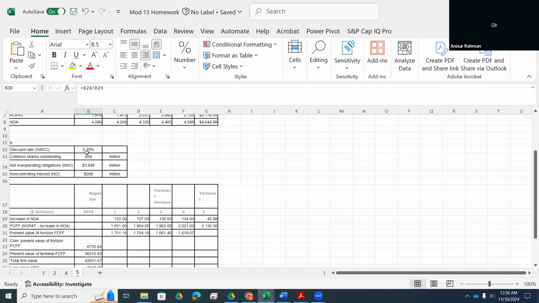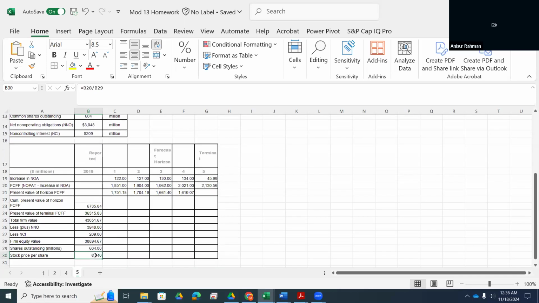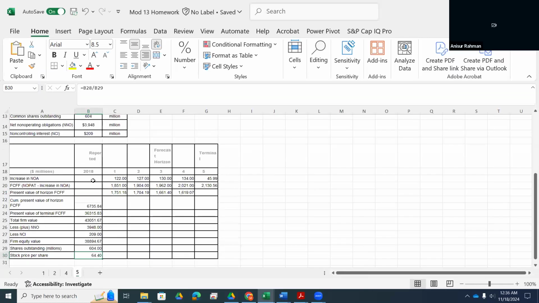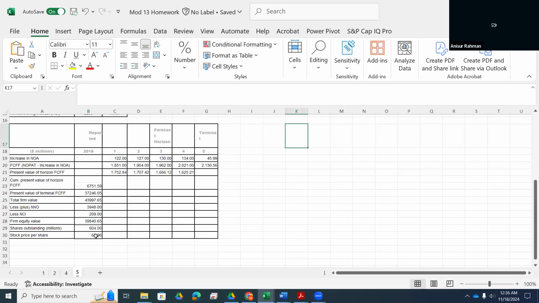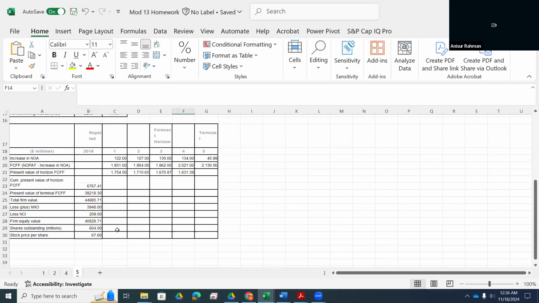For example, so it is 5.7 and it is 64.4. And you want a price higher, 66.7. So what you can do, you can start lowering the discount rate. So for example, instead of 5.7, you can say 5.6. So no, not yet. So again, 5.5. So 67.